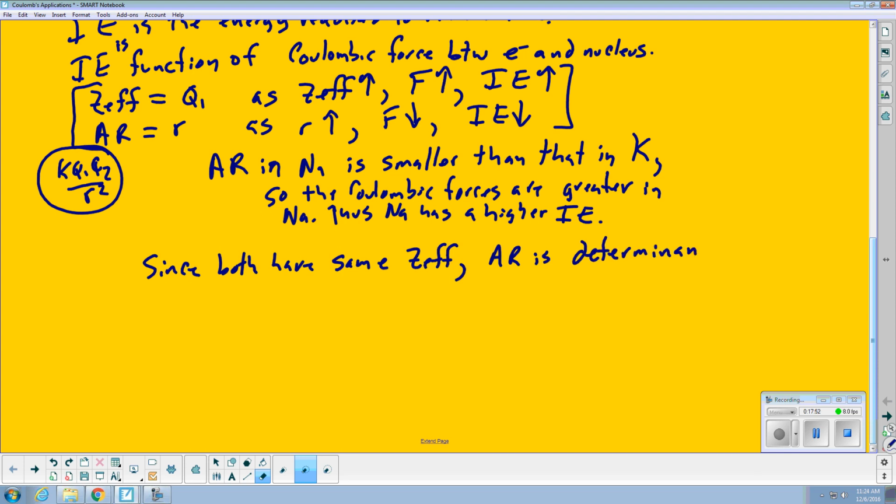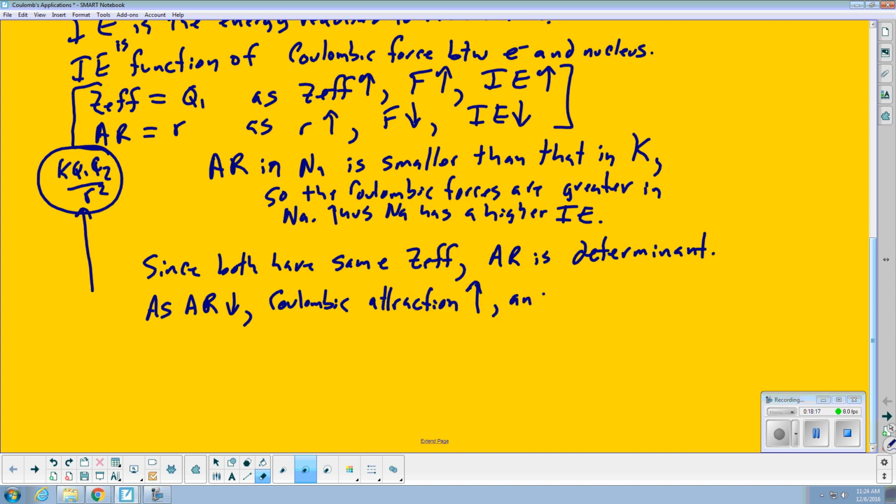It's going to cause the change, right? As atomic radius decreases, Coulombic attraction does what? Okay, right? R is in my denominator, so as my radius gets smaller, my Coulombic attraction increases, and then the energy required to overcome that Coulombic attraction, ionization energy, increases.